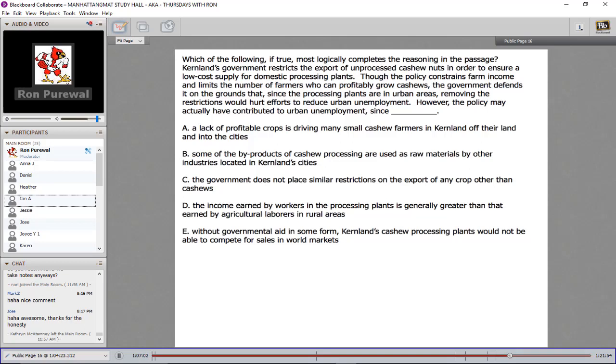Because you've seen in those previous problems, the wrong answers are always totally wrong. If you have to weaken something, the wrong answers will either be totally irrelevant or will strengthen it. So, because of that, the Plan B, or whatever you want to call it, is still useful.